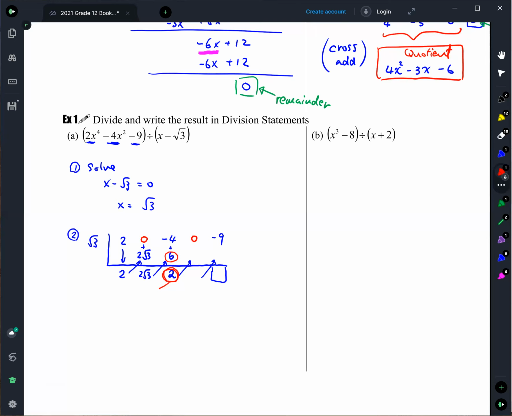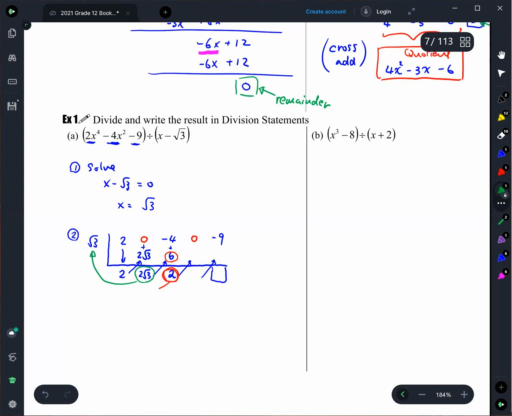You take the 2 root 3 here, multiply with the divisor. Do you know how to multiply those two?